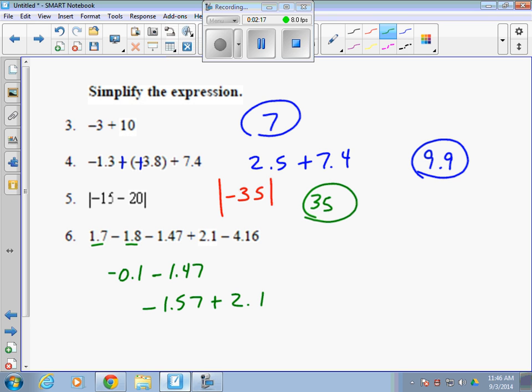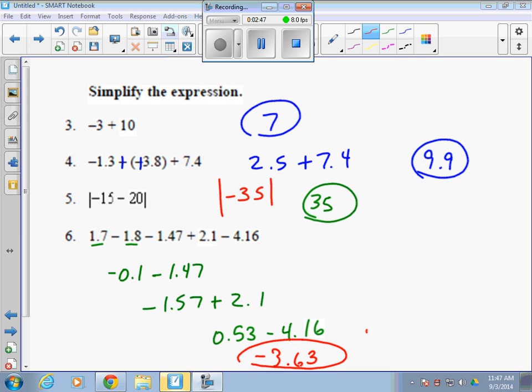So right here you have to subtract 1.57 from 2.1, and you get 0.53 minus 4.16, which is going to give you -3.63. That is your simplified version for number 6.